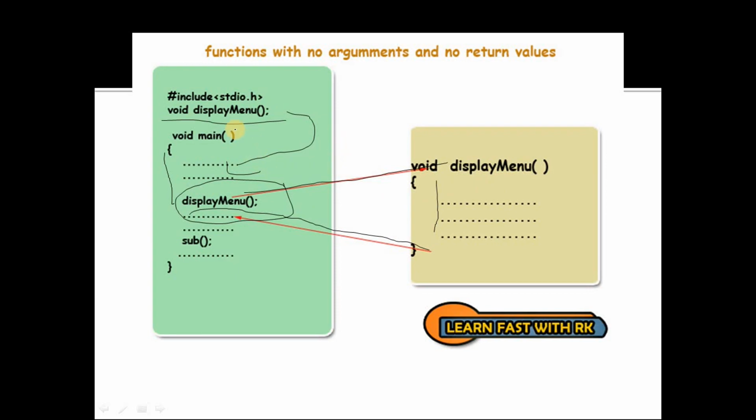But if you want to use this display menu function call in other functions too, then you need to use this declaration in the global variable declaration part. A detailed presentation was made in my previous video, linked in the suggestion box.